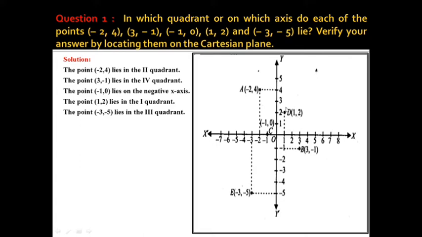It means 1 comma 2 lies in the first quadrant. Then the next point is given minus 3 comma minus 5. Here it is minus 3 on the x-axis and minus 5 on the negative y-axis. Both are negative, means they lie in the third quadrant.